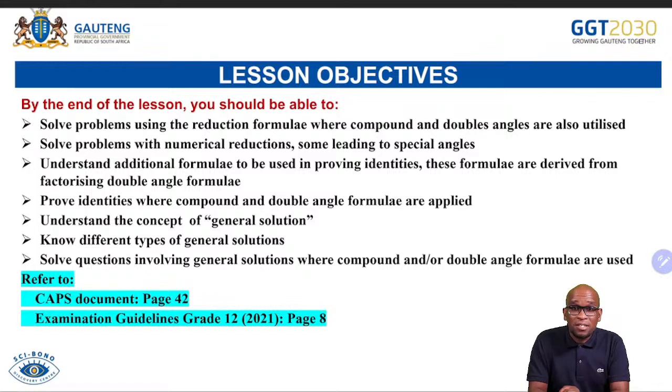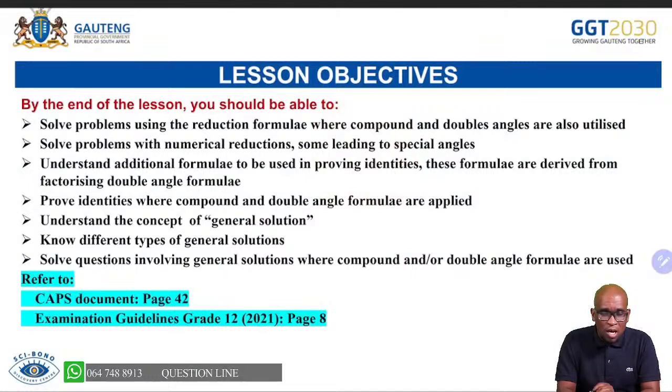You should be able to understand the concept of the general solution, as well as to know the different types of those general solutions. So I'll be taking you through step by step the different types of those general solutions. And you should note that we are going to be using the quadrant method. We are aware that we can use the quadrant method and we can use the graphical method.